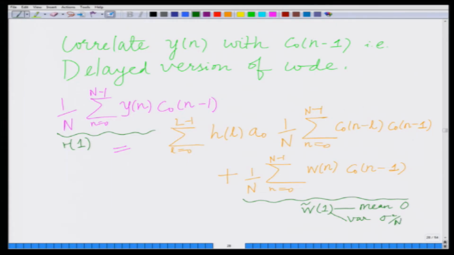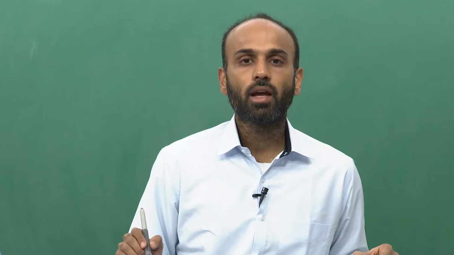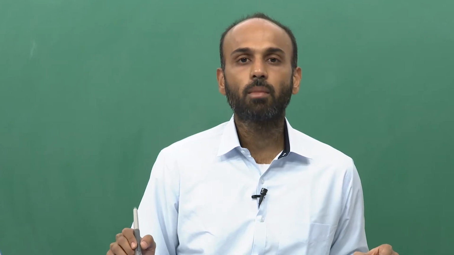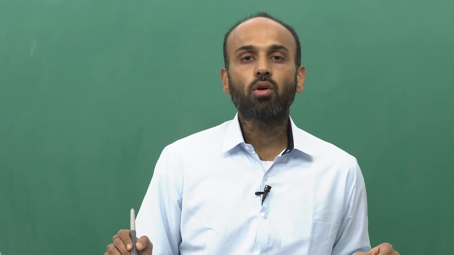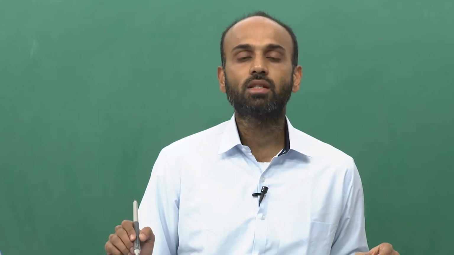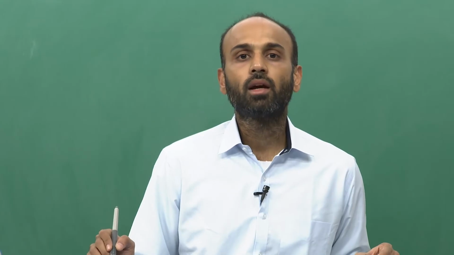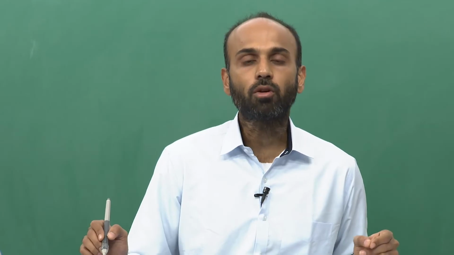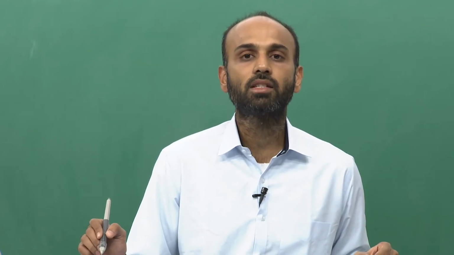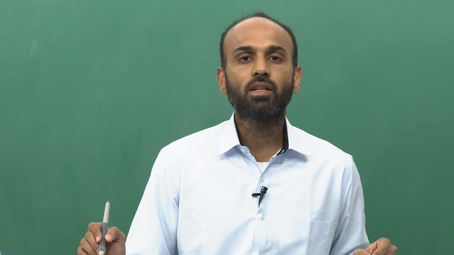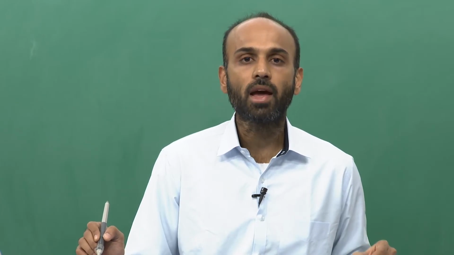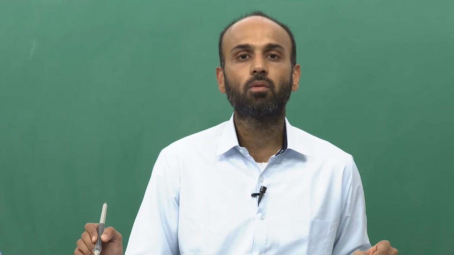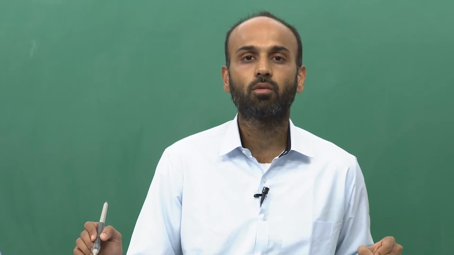Now, if you look at this inner summation, 1 over n summation C naught n minus L into C naught n minus 1, this is the autocorrelation of the shifted sequence C naught n minus 1. Therefore, this will be equal to 1 if the shift between these two sequences is 0, that is L is equal to 1, and equal to minus 1 over n, or approximately 0, if L is not equal to 1.